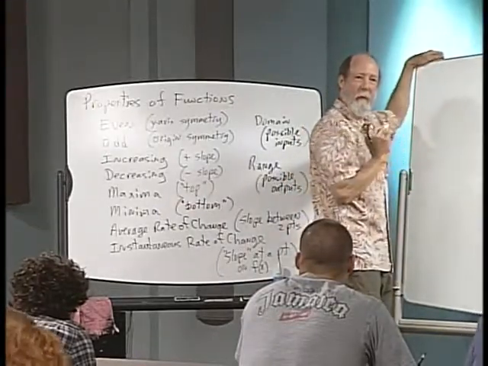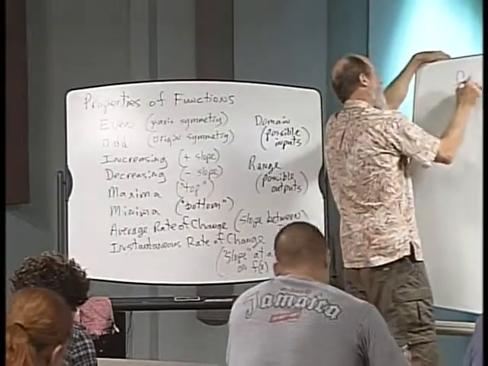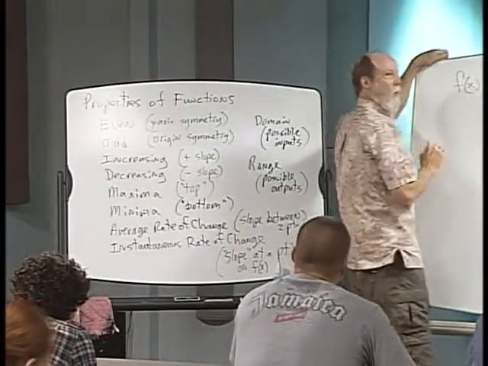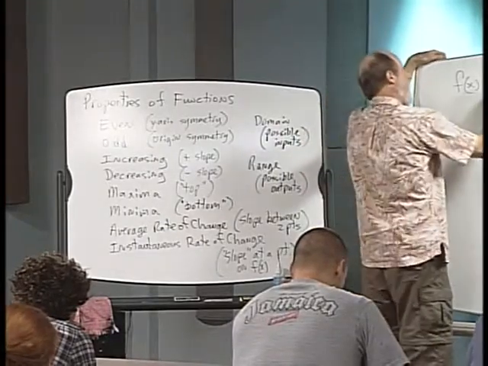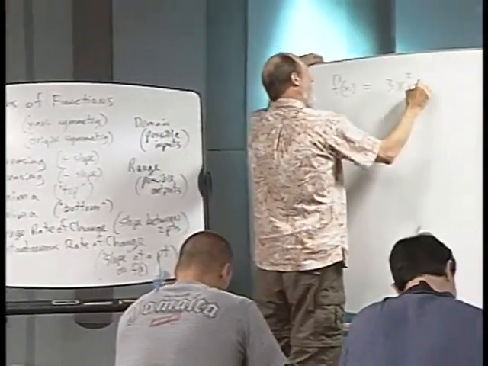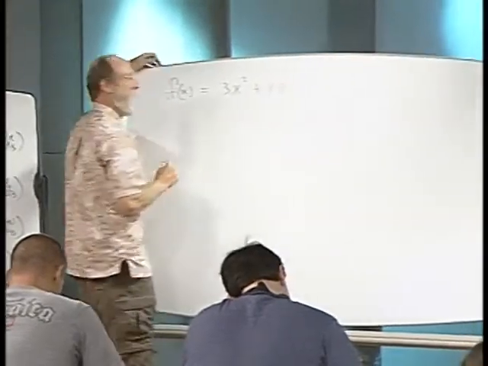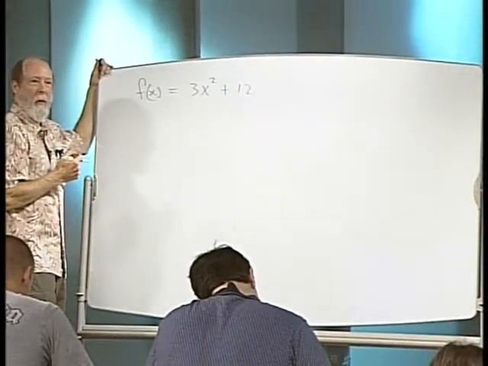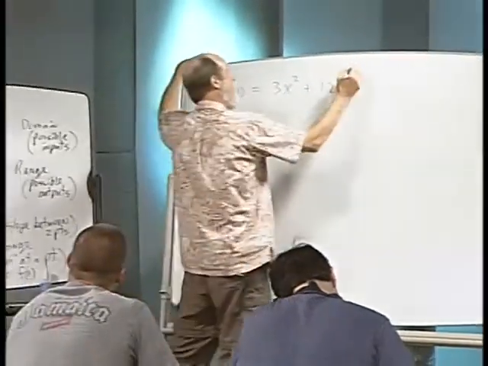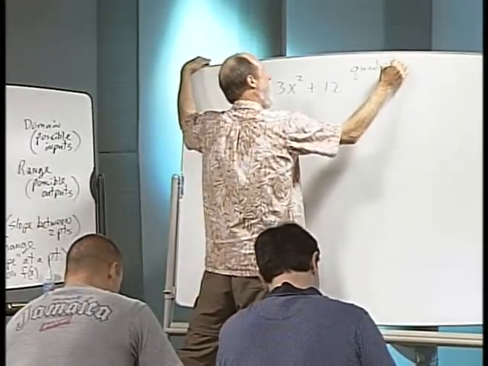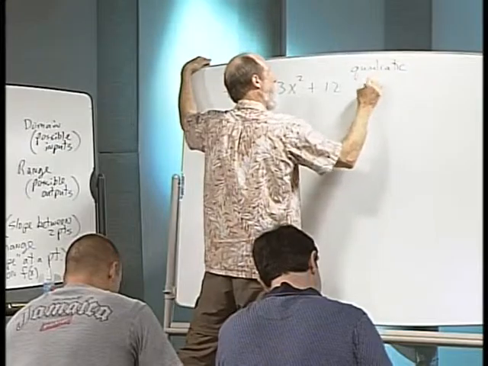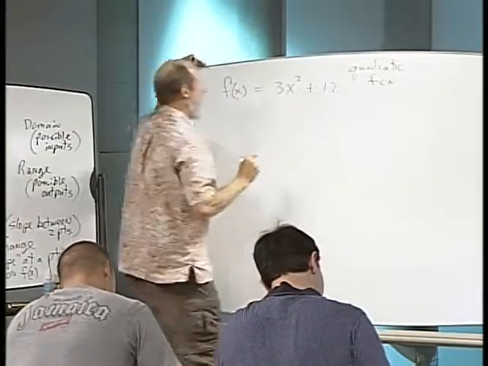Let's use a sample function. Let's say I give you f of x equals, why don't we do a quadratic function? Something like 3x squared plus 12. A quadratic function. Okay.